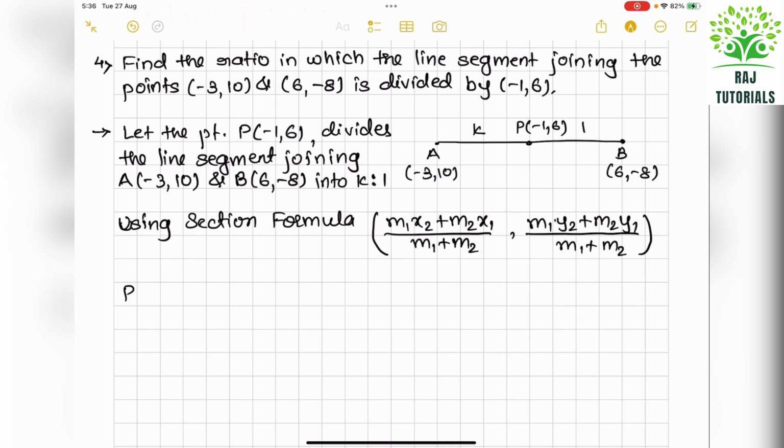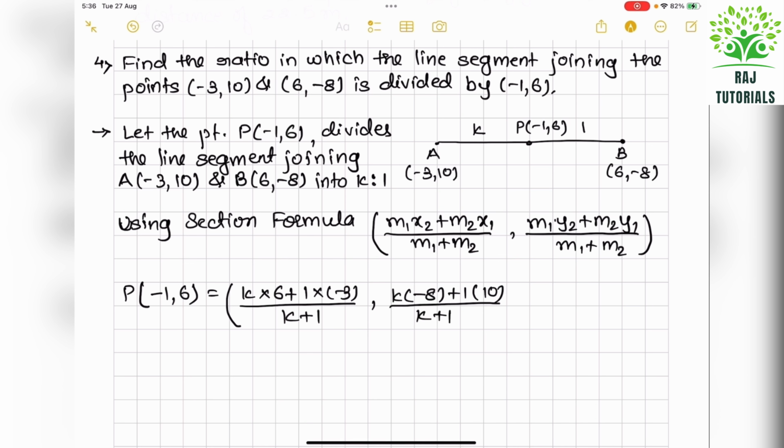So here P (minus 1, 6) equal to K into 6 plus 1 into minus 3 upon K plus 1 comma K into minus 8 plus 1 into 10 upon K plus 1. So therefore P (minus 1, 6) equal to 6K minus 3 by K plus 1 comma minus 8K plus 10 by K plus 1.